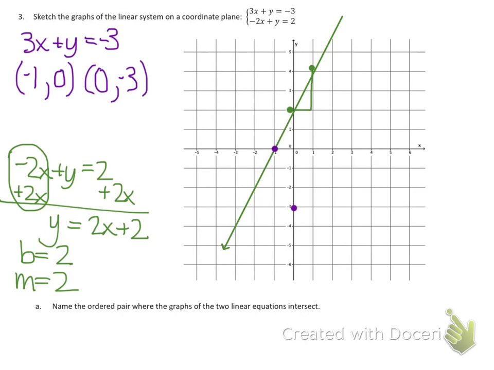And I'll draw our line through there. Okay, so there's our 2 lines, and the ordered pair where they meet would be the point where x is negative 1 and y is 0. The point negative 1, 0 is the intersection.